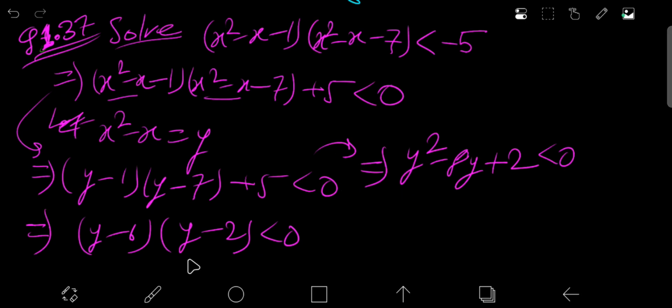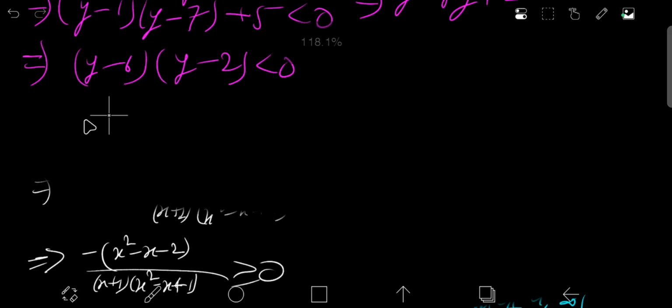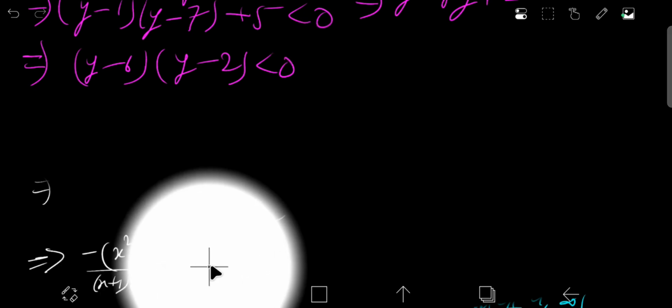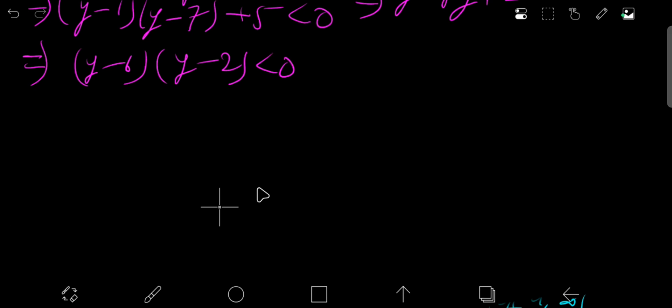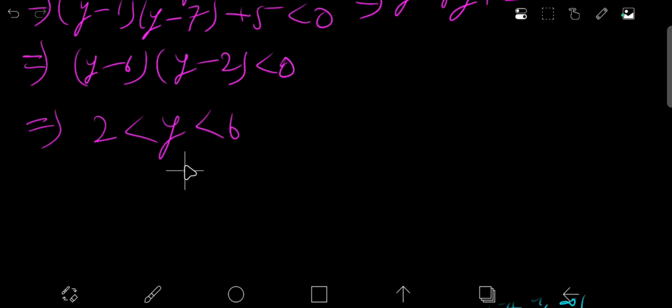Since this is a less than, we directly write y belongs to 2 to 6. We do not include the equal sign here.